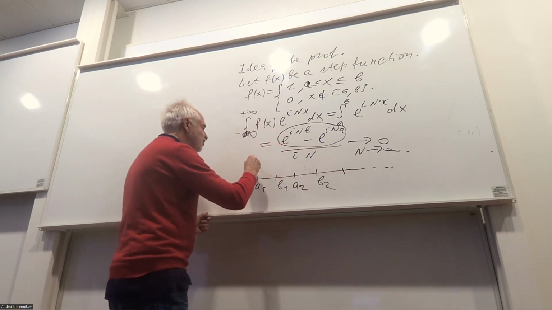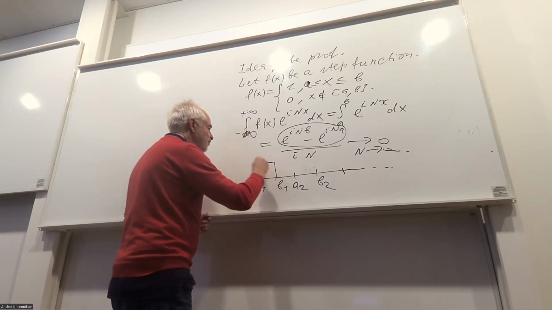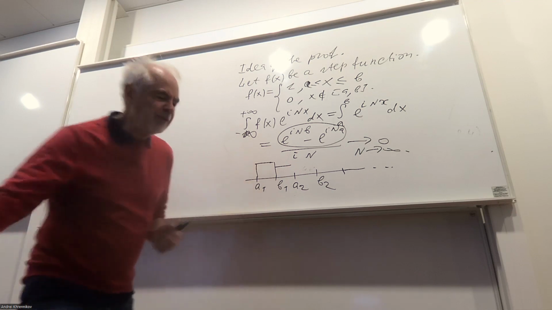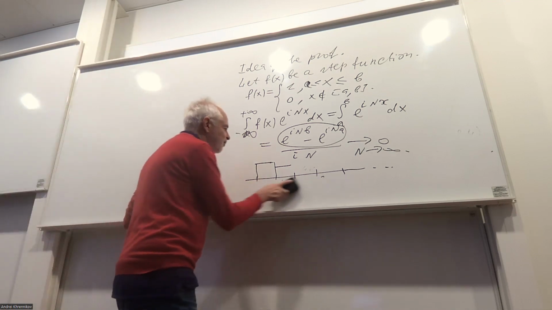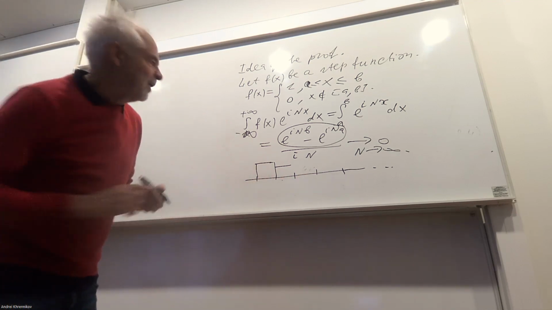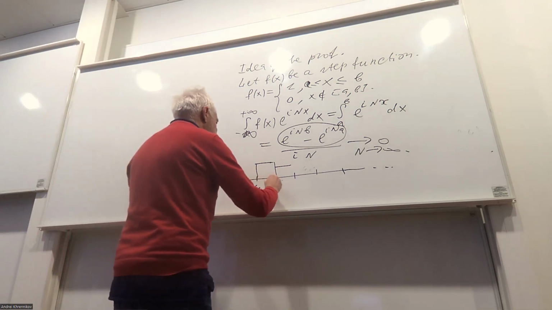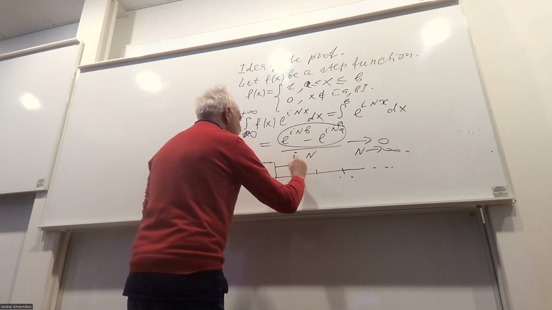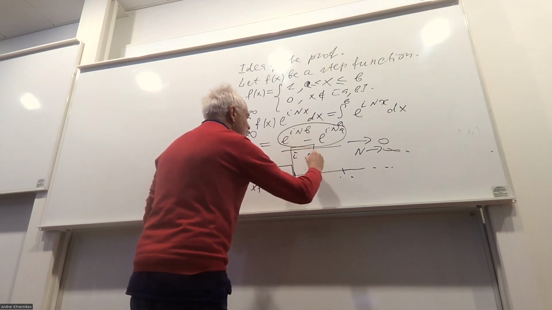And our function is a step function on each of these segments. Or it's better not to use the same variable. For example, x1, x2, x3, and so on, and such steps, and so on.